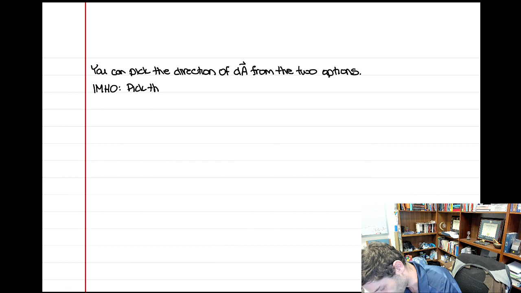It's much easier for me to deal with positive numbers than negative numbers. So pick the dA that will give a positive magnetic flux.